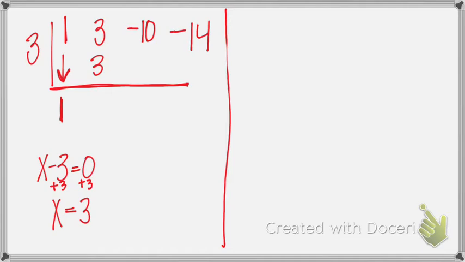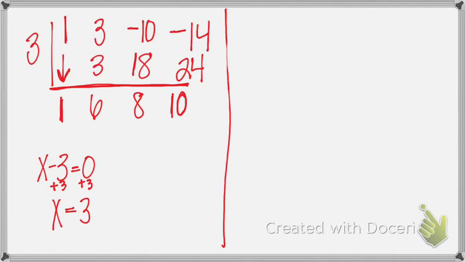So 3 plus 3 is 6. 6 times 3 is 18. Negative 10 plus 18 is 8. 8 times 3 is 24. Negative 14 plus 24 is positive 10.